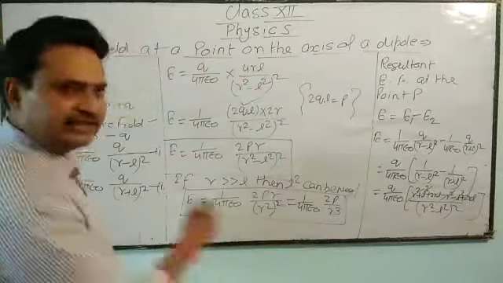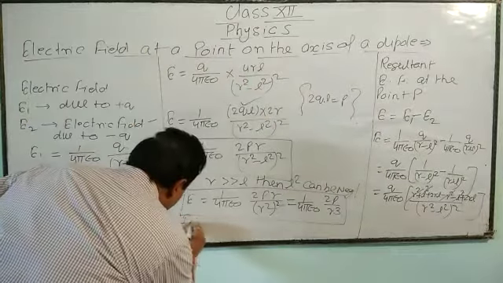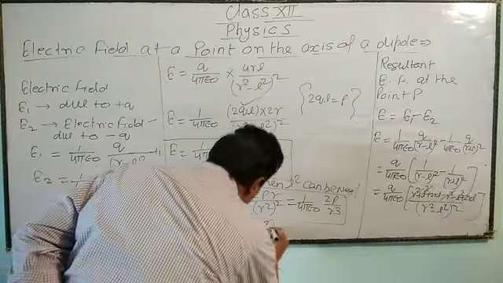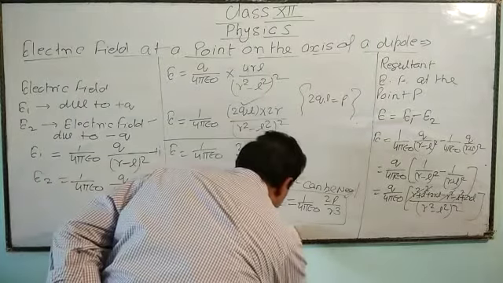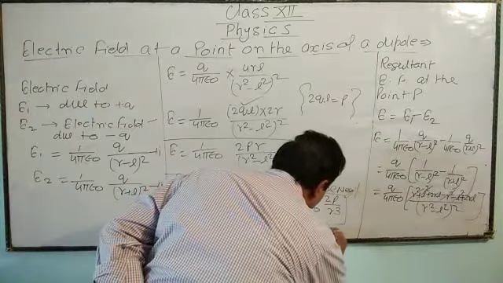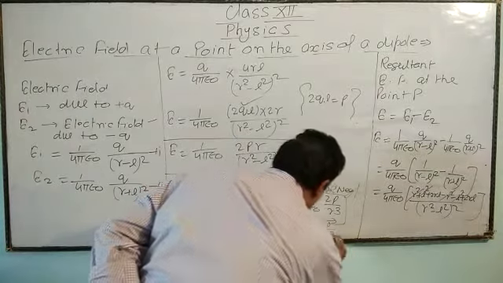In case we need to find it in vector form, E vector is equal to 1 upon 4 pi epsilon naught 2p vector upon r cube.